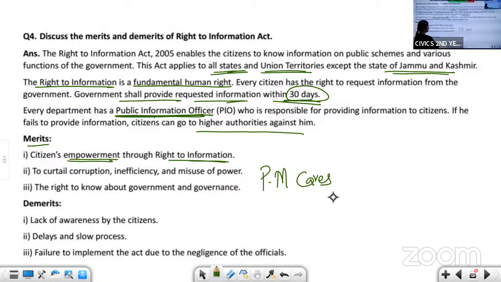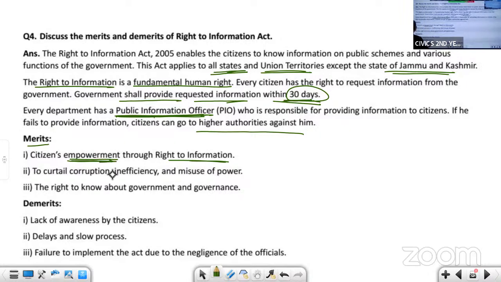So you have a right to get information on how much money was collected and how it was used. Any information about the government activities, you can also get information about the political parties, how much money they have spent on campaigning. So it is empowering the citizens.